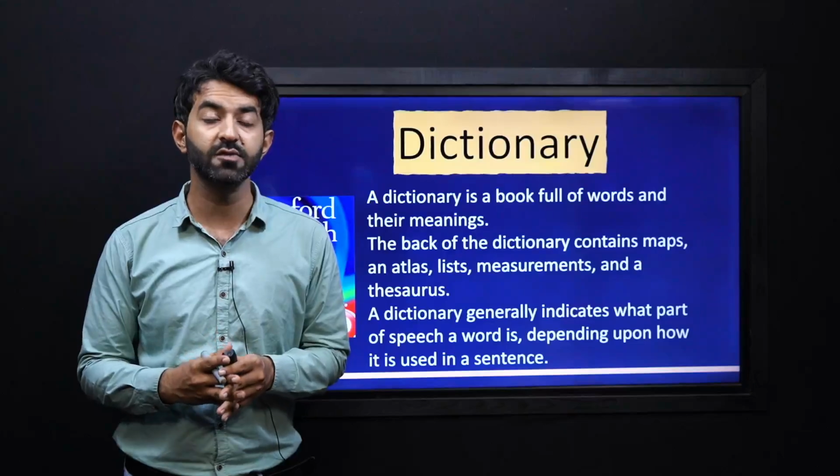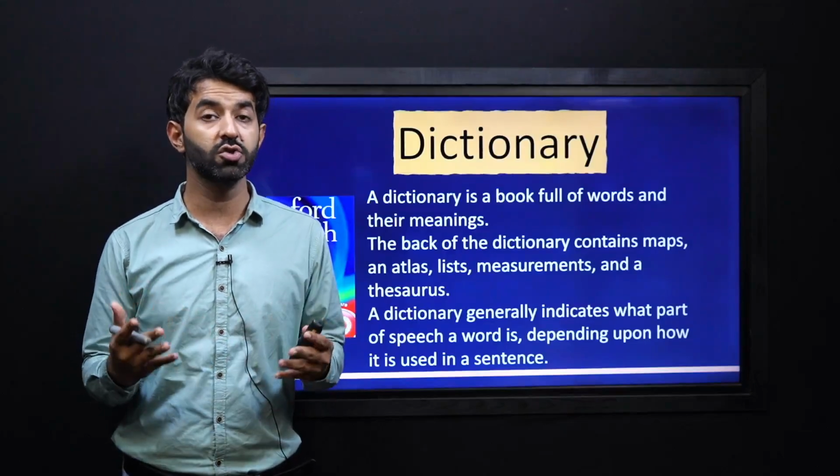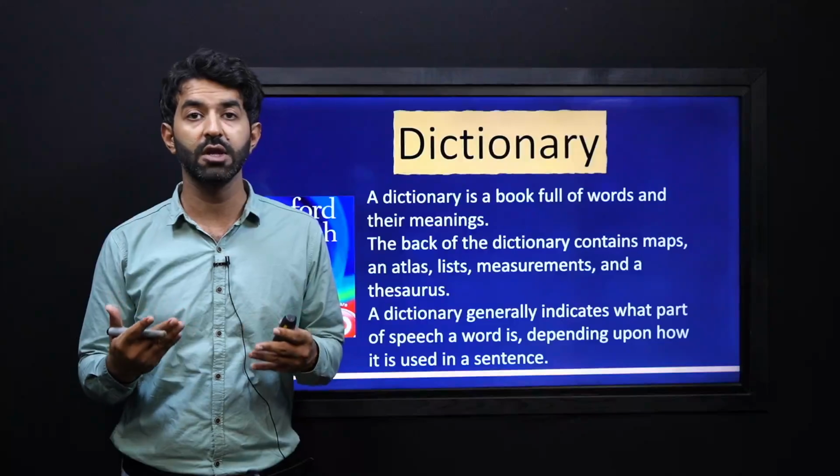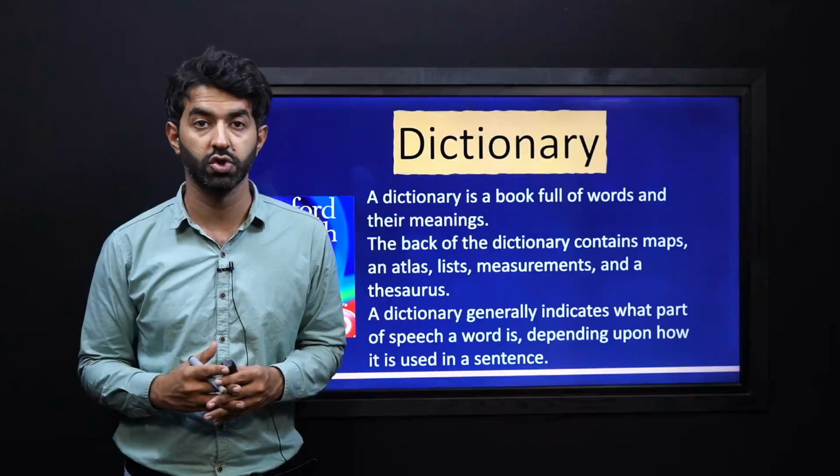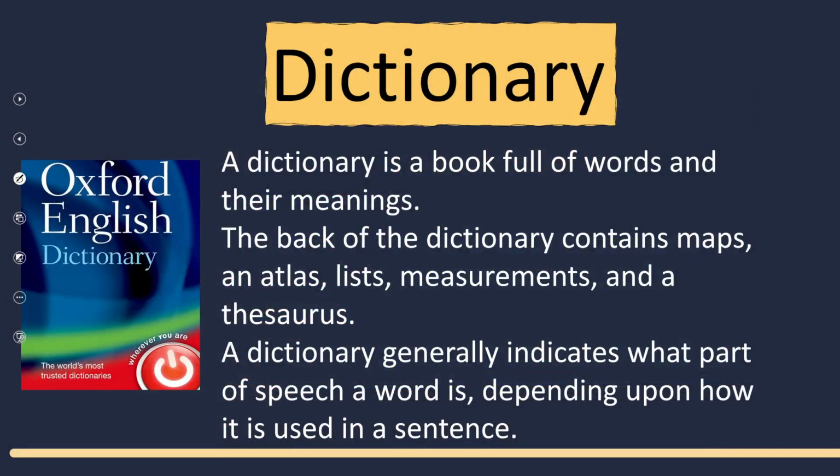So in this case, for English, you have a dictionary with meanings, definitions, with examples, and so many other information. So a dictionary is a book full of words and their meanings. And if you look at the back of the dictionary, it contains maps, an atlas, lists, measurements, and a thesaurus.